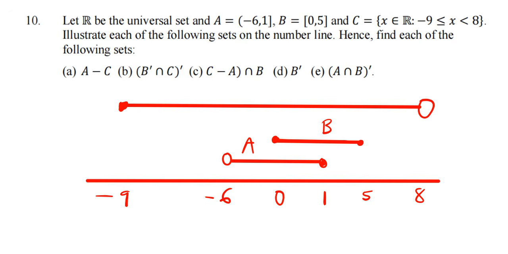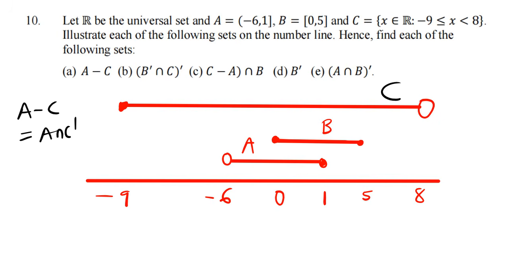Then the first question is asking us, we've illustrated everything on the number line, to find A minus C. Now you have to first find what C is. A minus C, we are saying this is a difference law. It's just the same as A intersection C complement. So we're trying to find the intersection between A and C complement. So C is here.